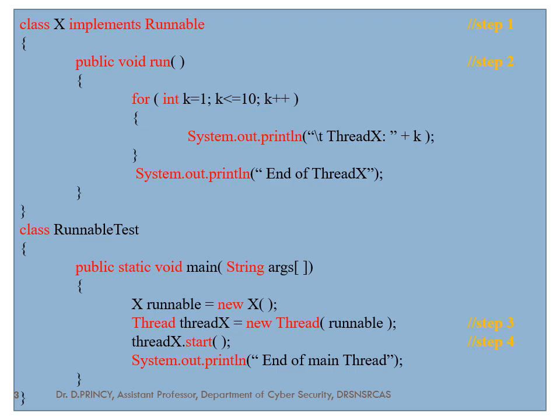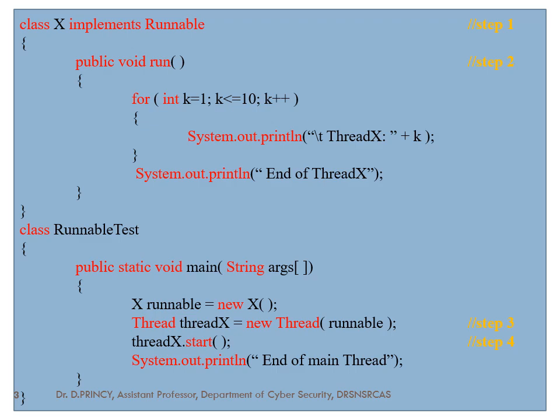First, we have to create the object of the user-defined thread class. Then create the object of the predefined Thread class and pass the user-defined thread class object to that constructor. Then using that Thread class object we can call the start method. Then only the run method will be invoked.